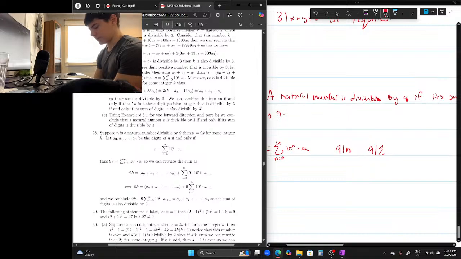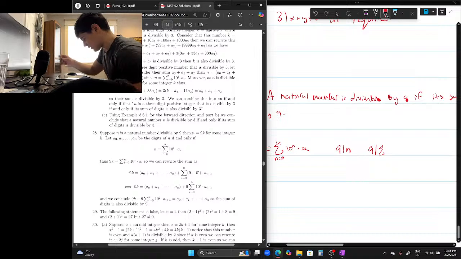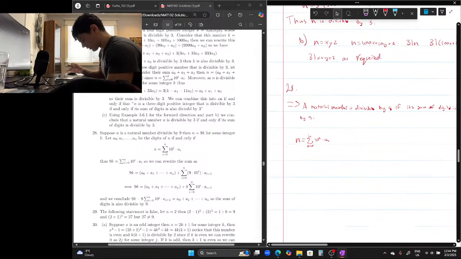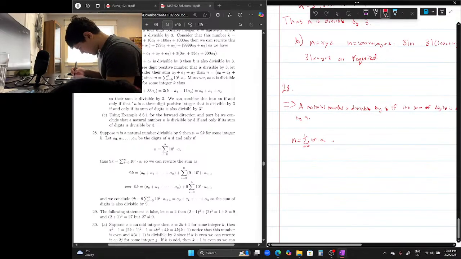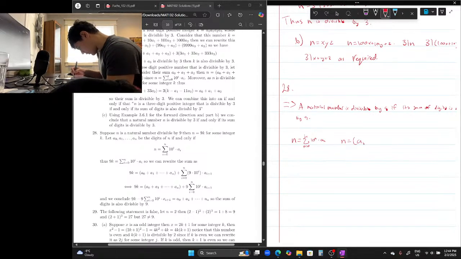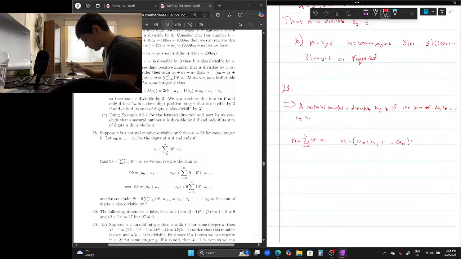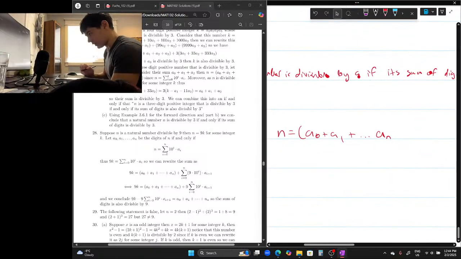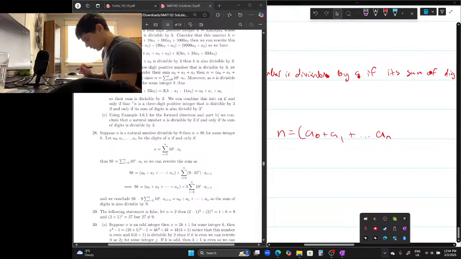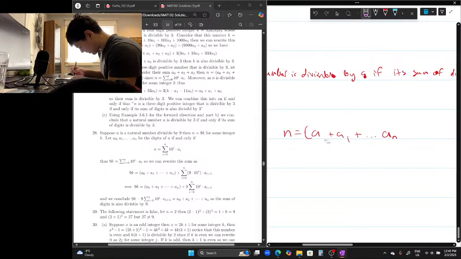Okay, so basically it's literally the same thing as we had above, but now it's in sigma notation. We include 9k minus 9. So this is basically the same proof, but now it's in sigma notation. So this is n. We can rewrite n as the sum of its digits, right? Sorry, I did stutter on purpose, not at the beginning, but at the end I was.